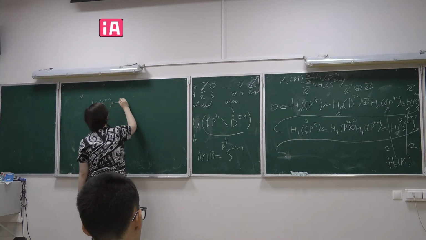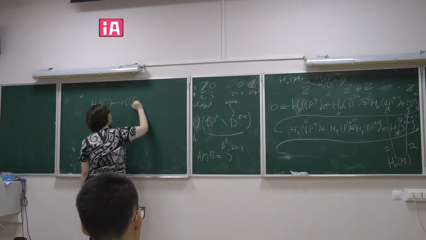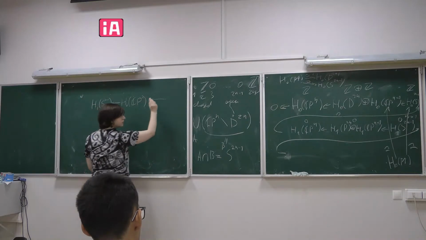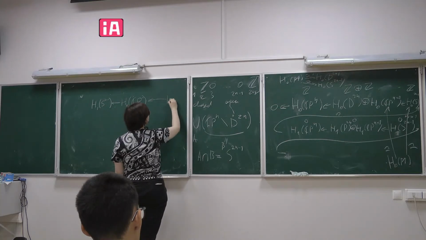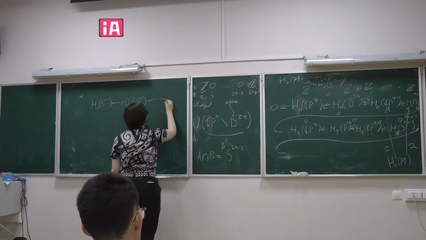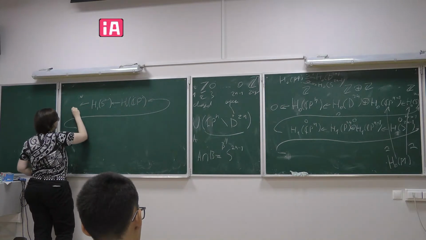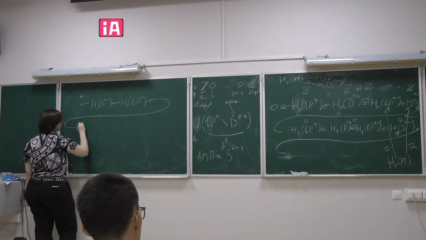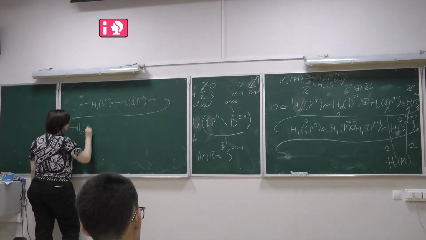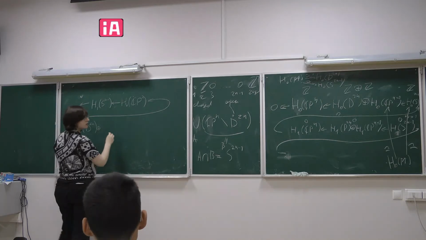So we have calculated the 0th row, the first row, and we want to calculate the second row.